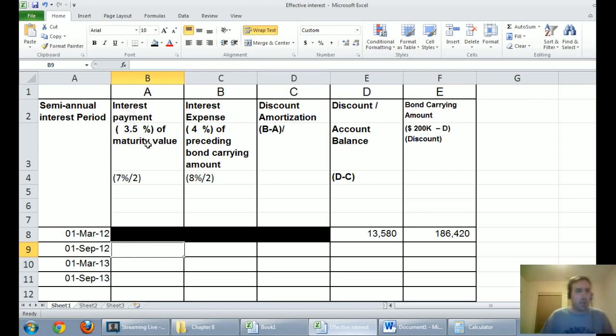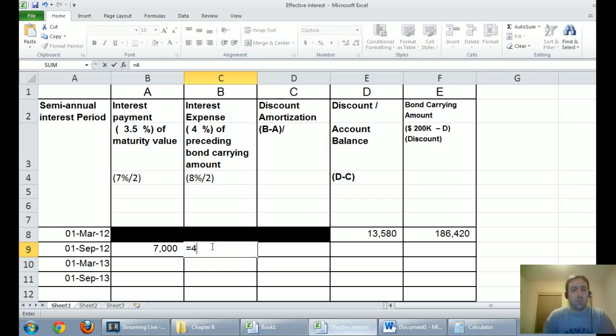Interest payment, 3.5% of maturity value. My interest payment is 3.5% times the maturity value, which is what I have to pay back at the end of the bond, $200,000. 3.5% of $200,000 is $7,000, and this number is going to be $7,000 the whole way. My interest payment does not change. Interest expense, 4% of the preceding bond carrying amount.